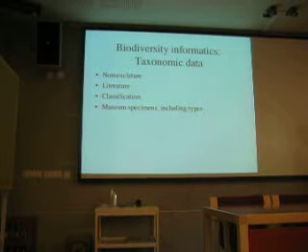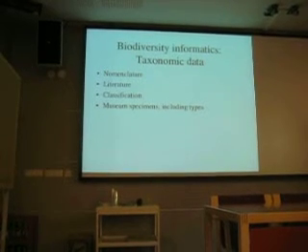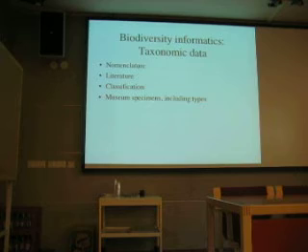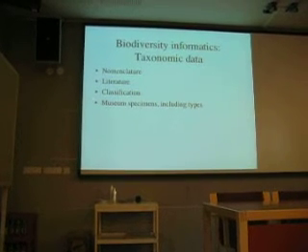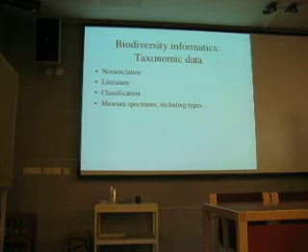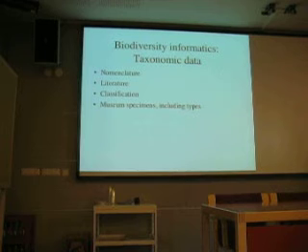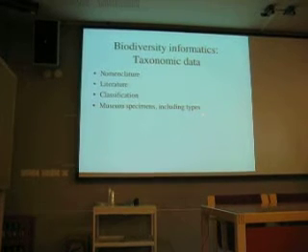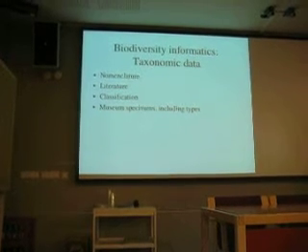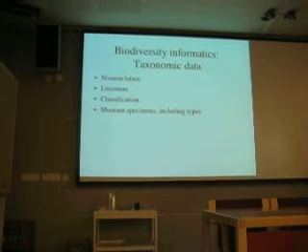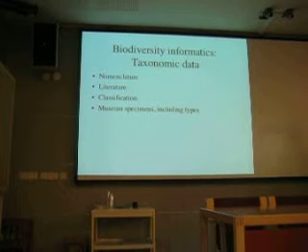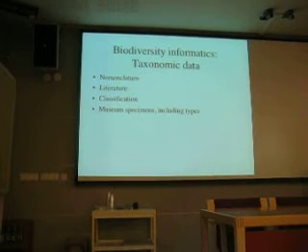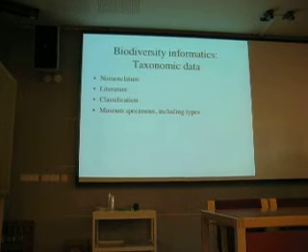And of course the taxonomist is dependent on study material, often in the form of museum specimens, specimens that are deposited in natural history museums. Some of these specimens are more important than others, and those are called type specimens, and they are important because they ultimately define names, the names that we use.